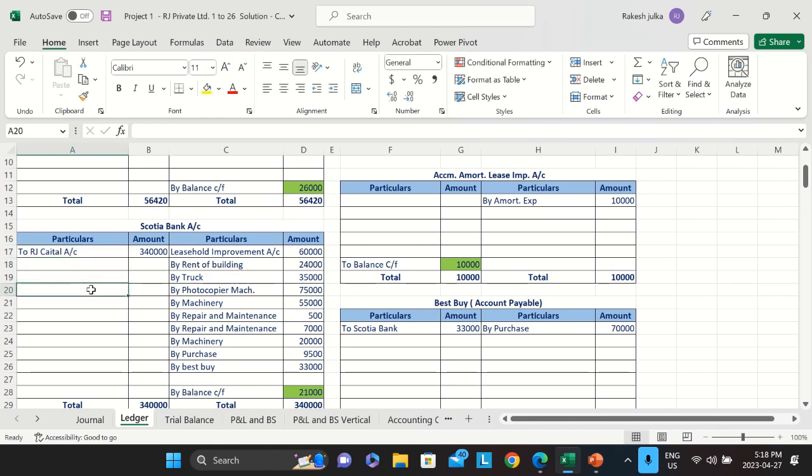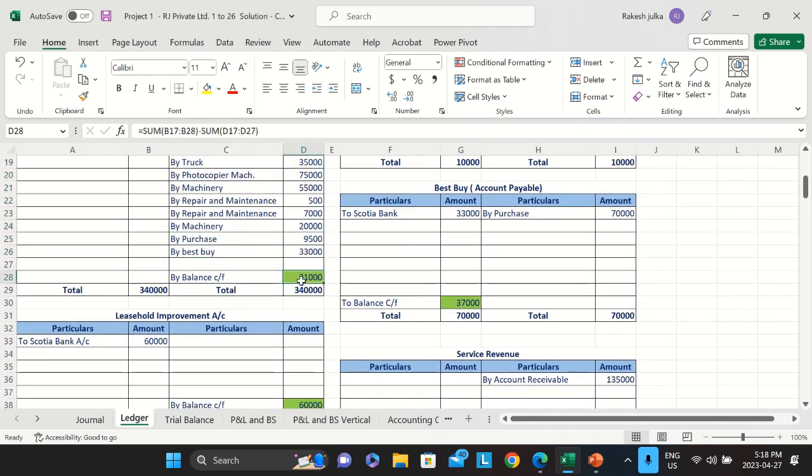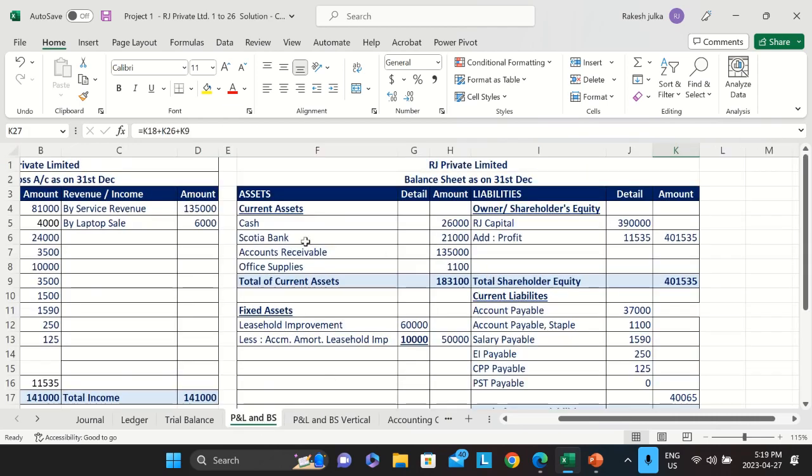Right, so it shows that in the bank at the beginning of the company, $340,000 was there. From the bank all these expenses were done, and the remaining amount is 21,000. The same remaining amount we can see in the balance sheet, look at this, 21,000.